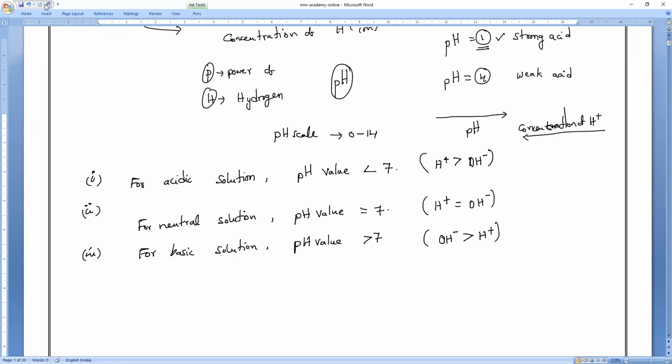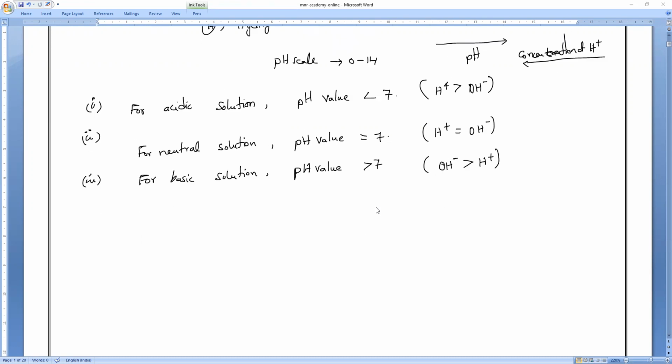So what is a common thing? Do acids only contain H plus ions? No, sir. They contain OH minus ions also. But which is the dominating one? H plus ions. They have more H plus ions compared to OH minus ions.